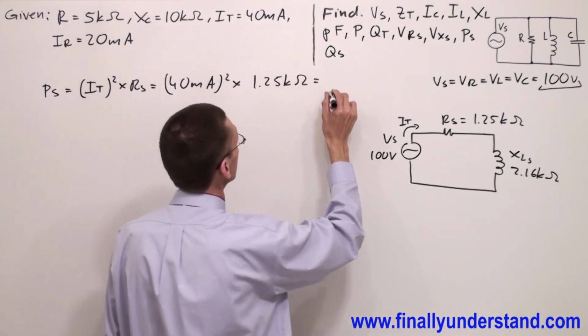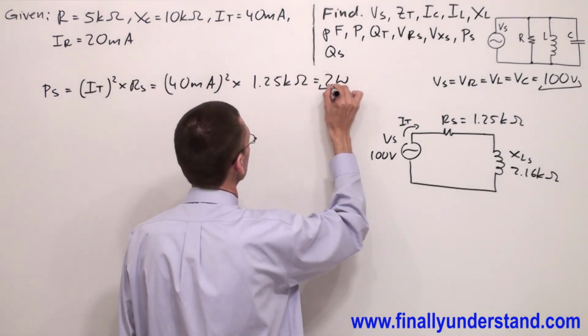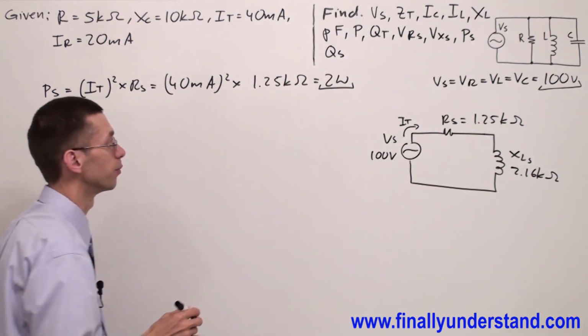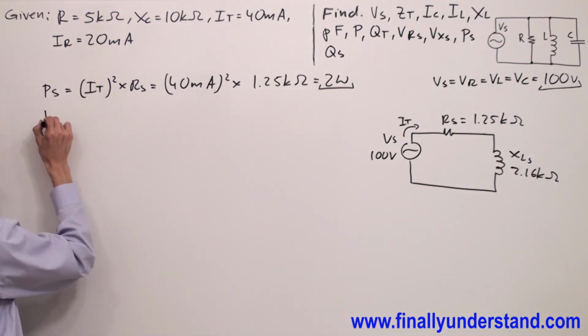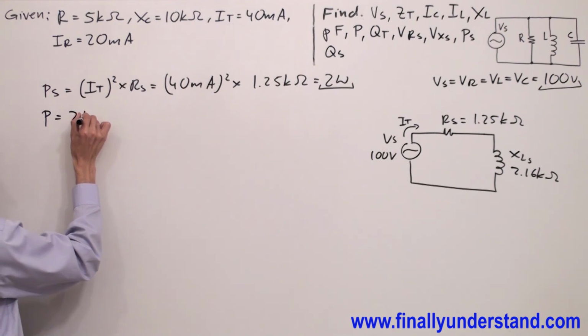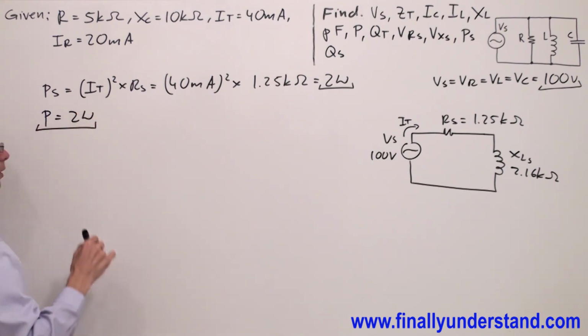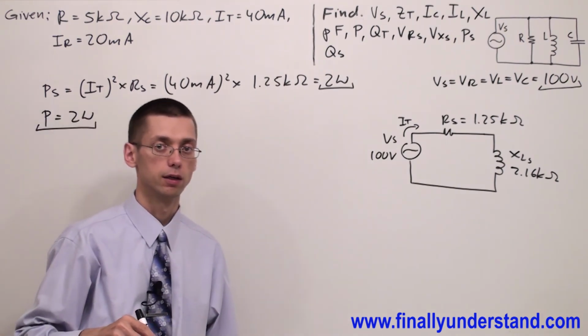This is equal to watts. Let me remind you that in the parallel circuit the true power was also equal to watts. So it means that so far so good.